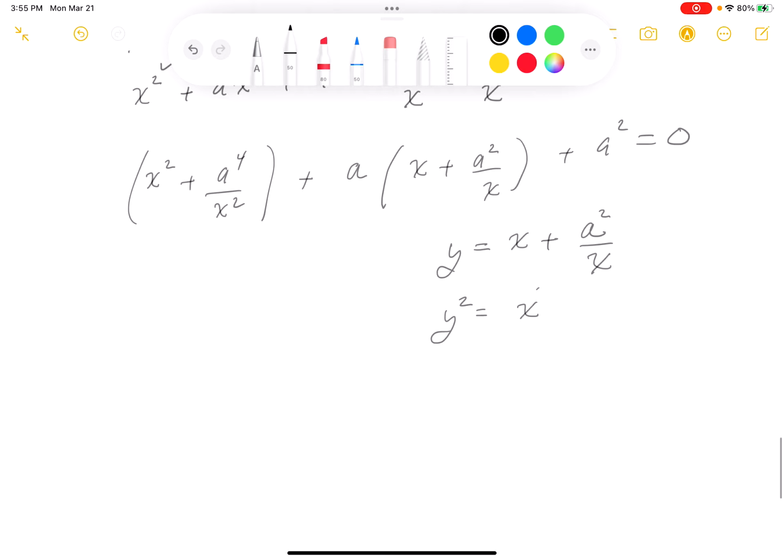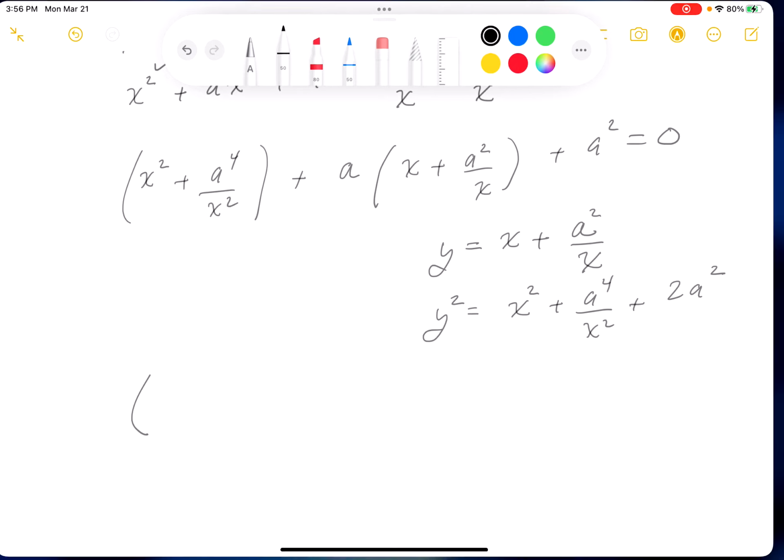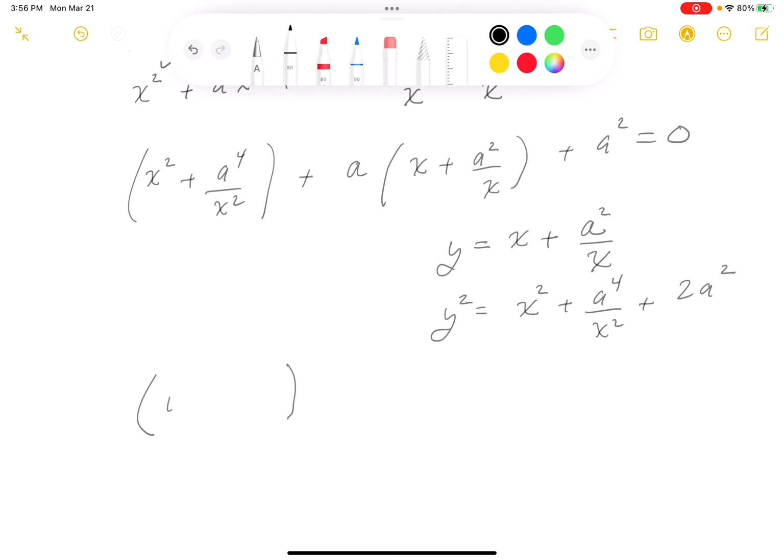You're going to get x^2 plus a^4 over x^2, and then you're going to get plus 2a^2. And I'm going to pop it in now. So what do you get? Well, the first guy's going to be y^2 minus 2a^2. The next guy's going to be a times y. Then you get a^2 over here equals 0.